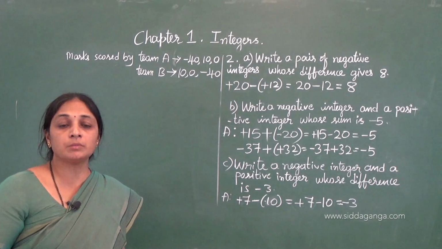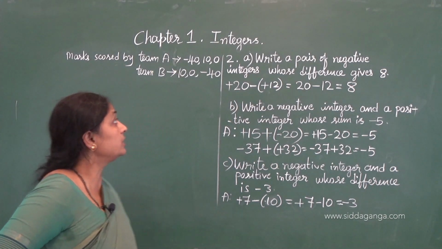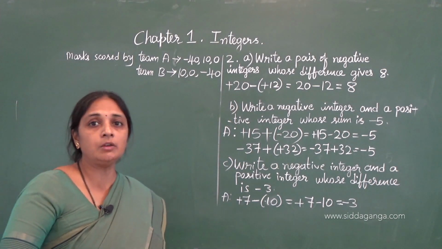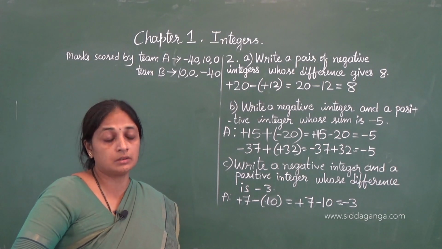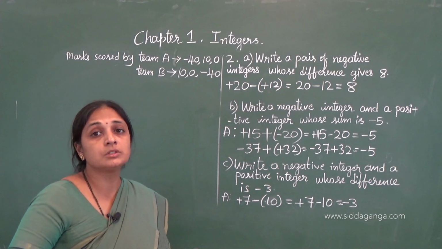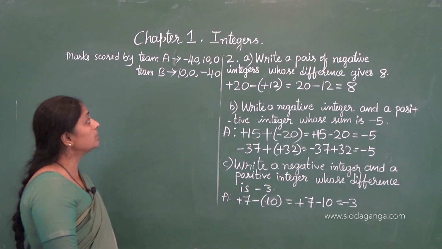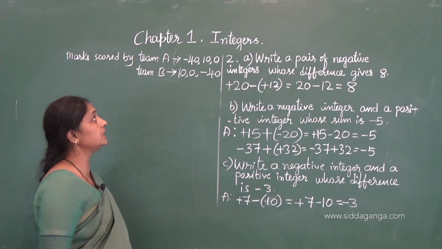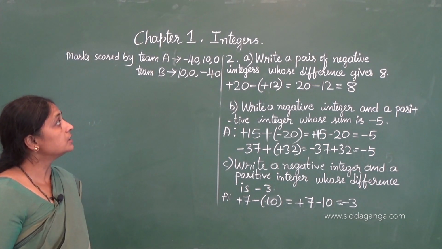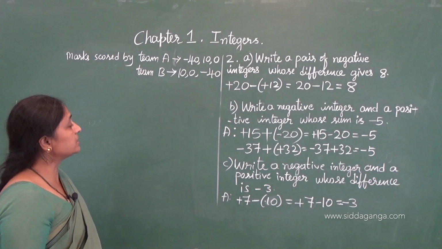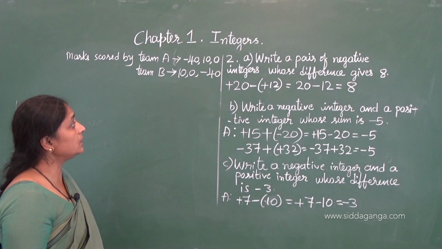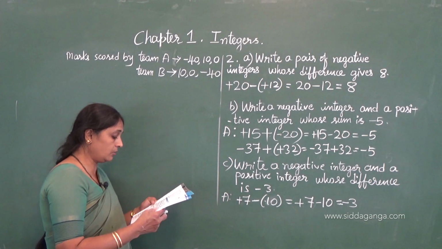This minus 40 represents a negative integer. They lost the score, so that represents a negative integer, negative marks.